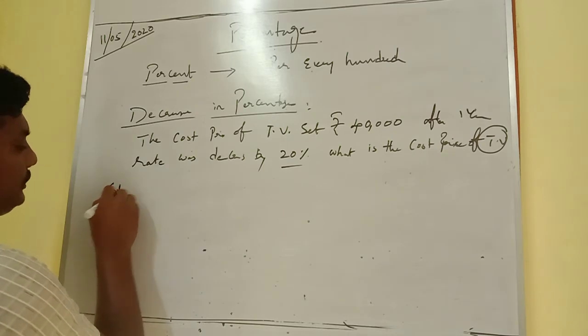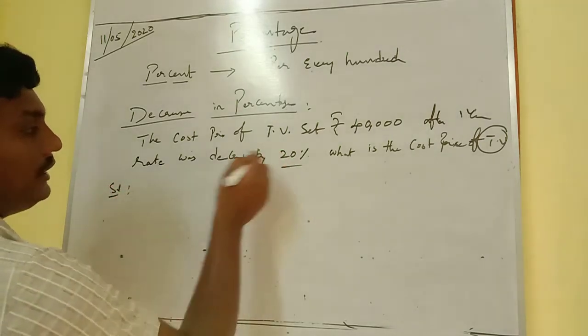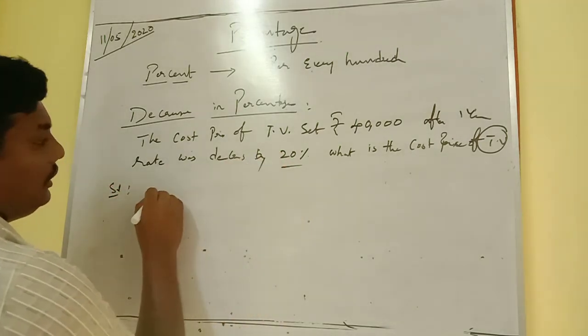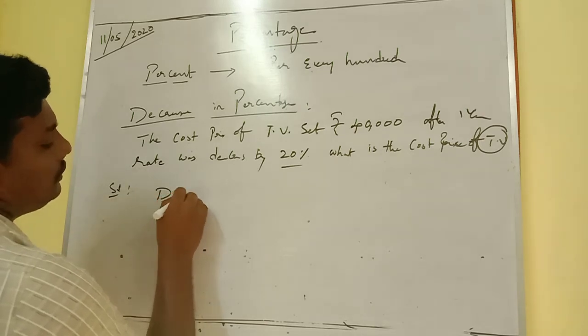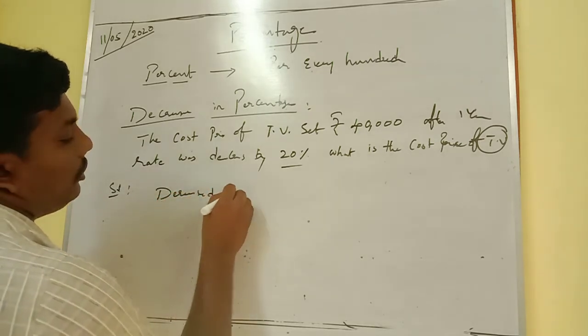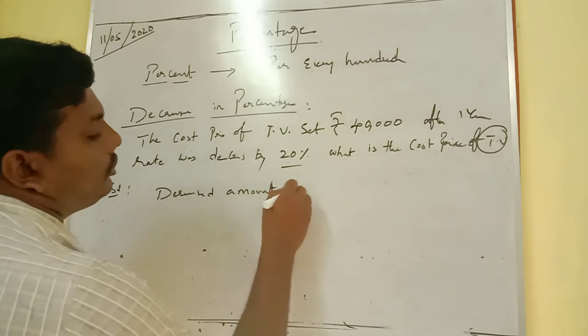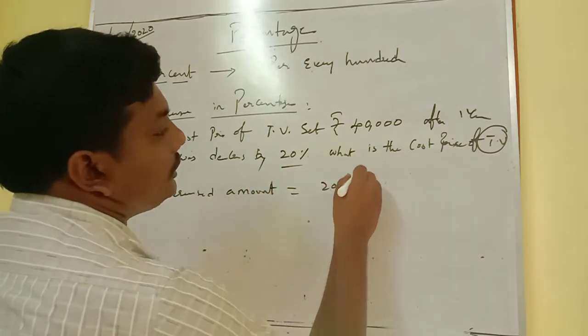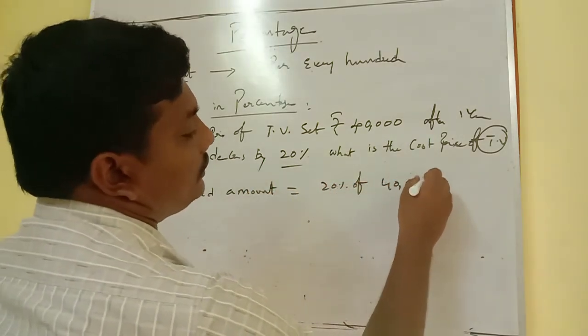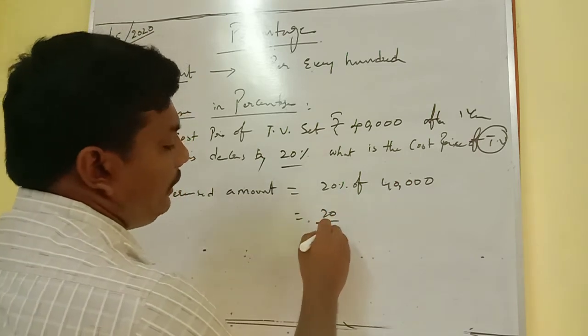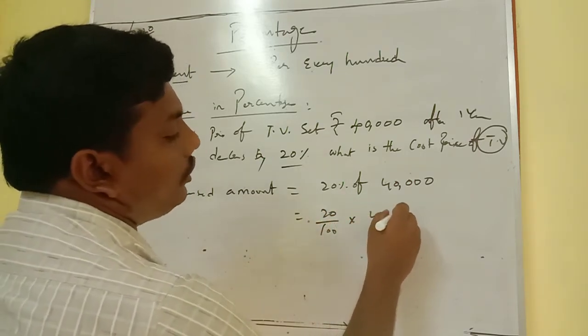Solution: the decreased amount is equal to 20% of 40,000 rupees. That is 20 by 100 into 40,000.